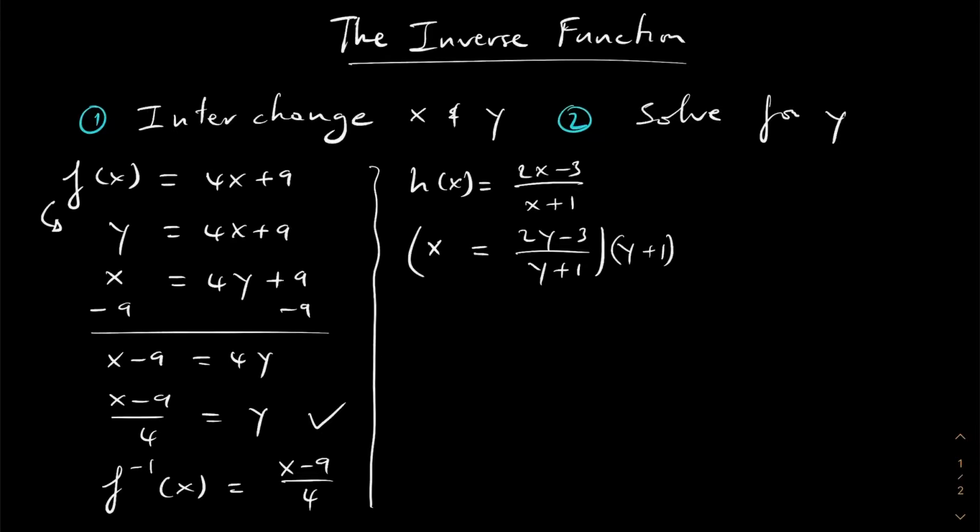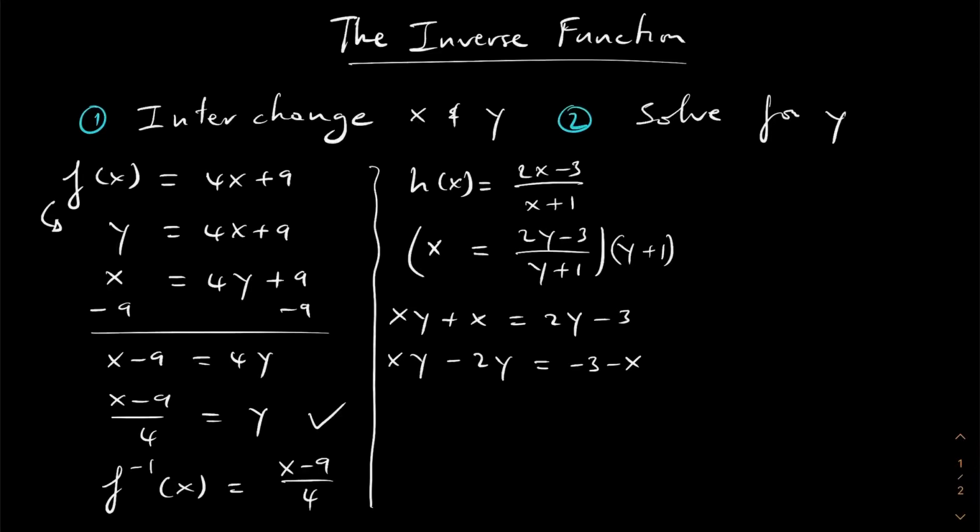This would, of course, give us on the left side x times y plus x times 1 equals 2y minus 3. And then since we're solving for y, we're going to send all the terms that contain the variable y on one side and everything else on the other. So we're going to get here yx minus 2y equals negative 3 minus x.